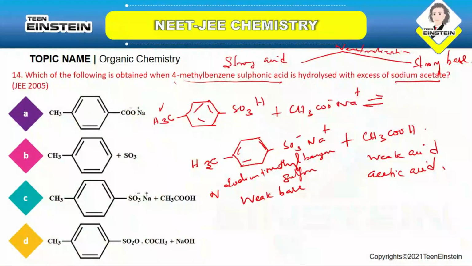So the final product of the reaction of 4-methyl benzene sulfonic acid and sodium acetate is sodium methyl benzene sulfonate and acetic acid. The option C is the correct answer.